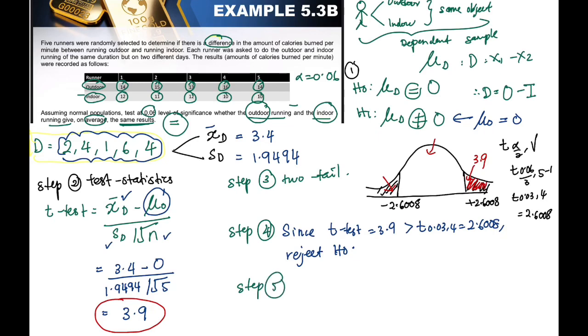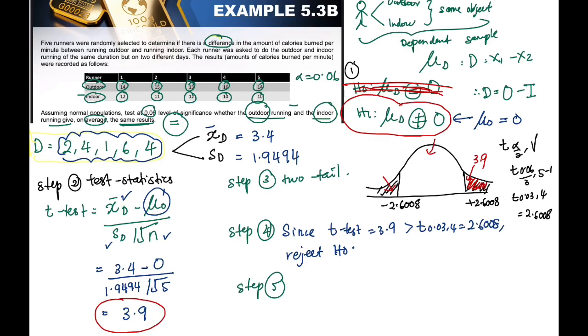You reject this H null, which means that mu capital D not equals to 0. So running indoor or running outdoor will not give you the same amount of calories burned. So kalau you running indoor, calories burn dia lain. Kalau you running outdoor, calories dia pun lain.